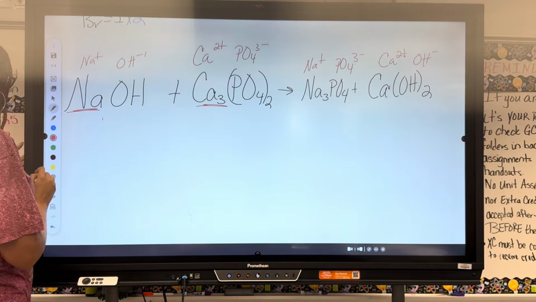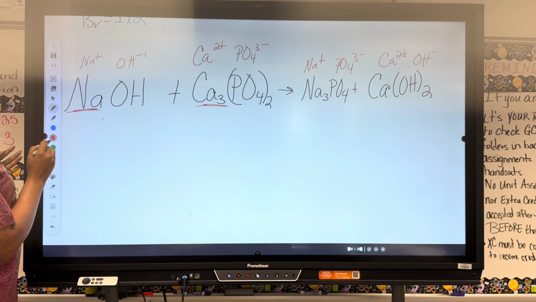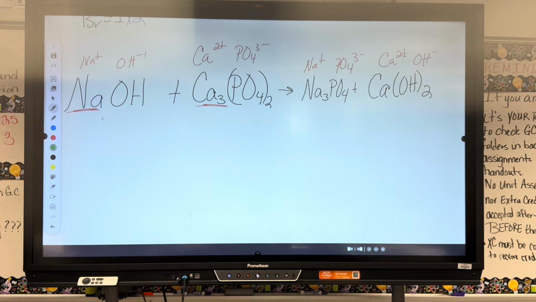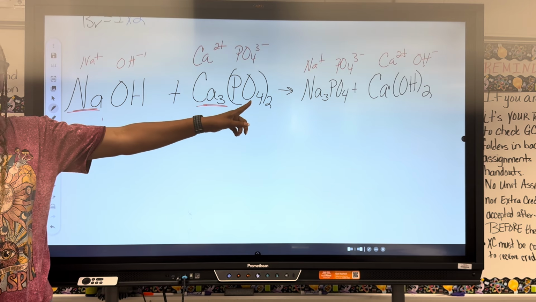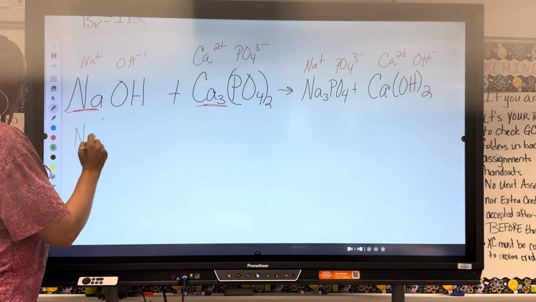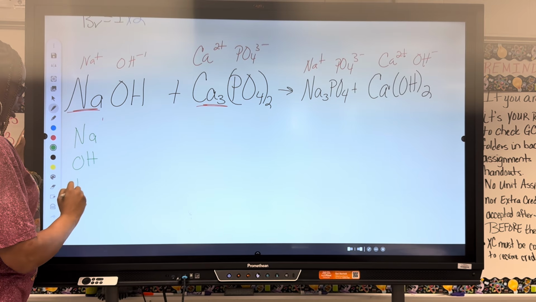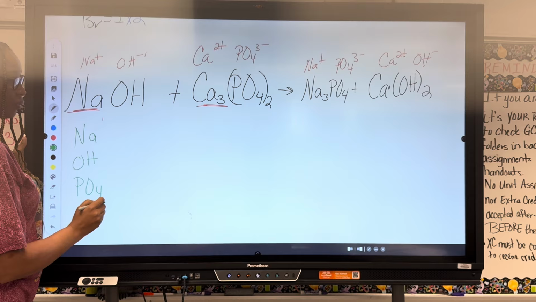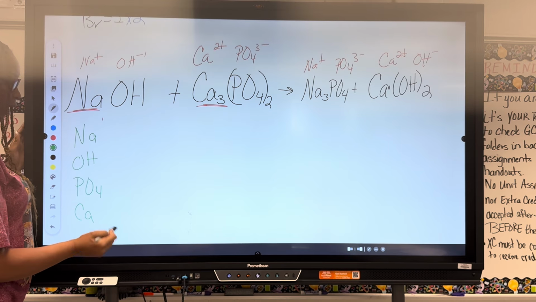Now, again, I notice how there's oxygen in the hydroxide and in the phosphate. This is why I treat the polyatomic ions as one piece, because otherwise I can go crazy trying to balance these oxygens. So I'm going to have sodium hydroxide, the phosphate, and the calcium.